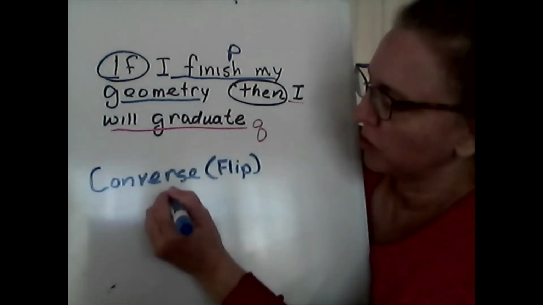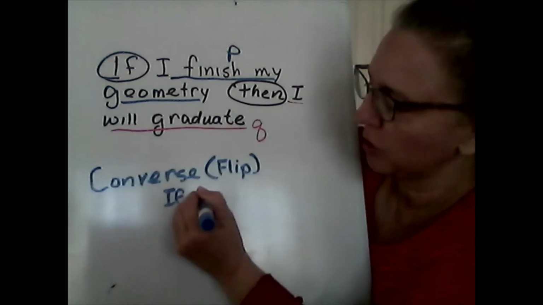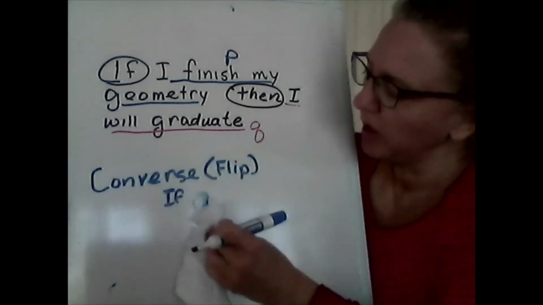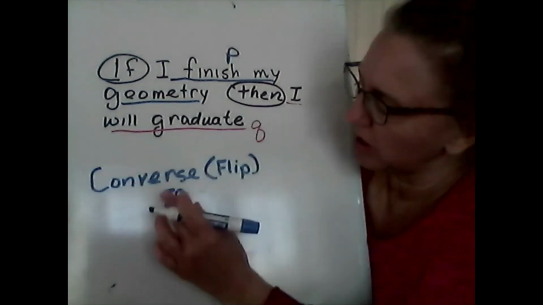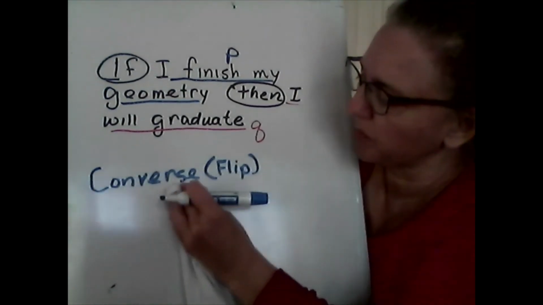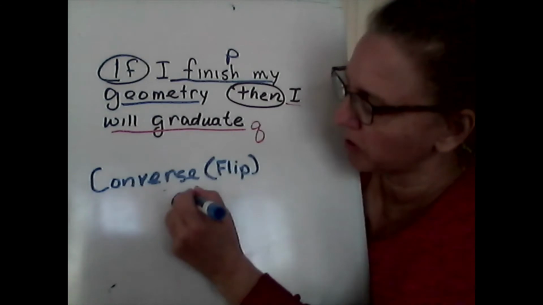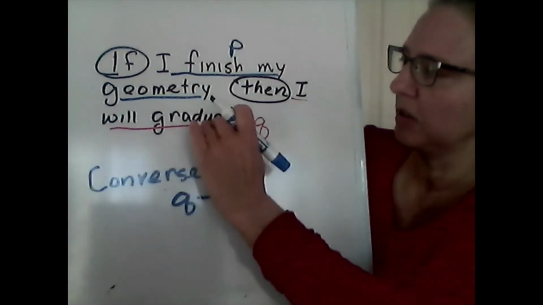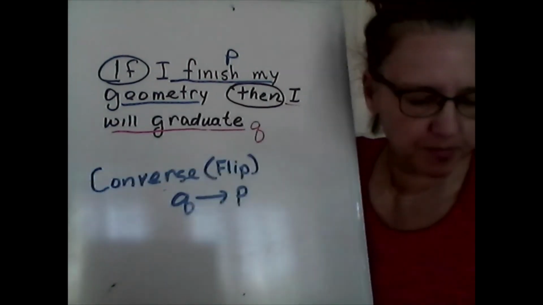So you do the if, the Q. Wow, that's a G. That's not a Q. If you put the Q part first, then the P. This part, then this part.